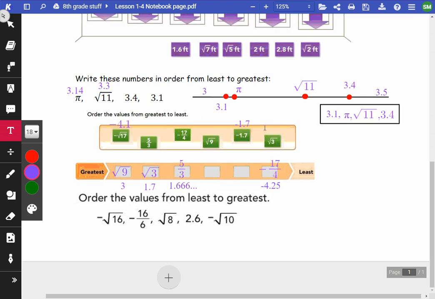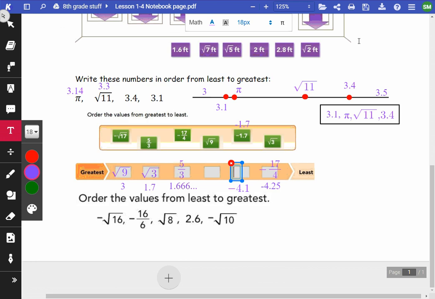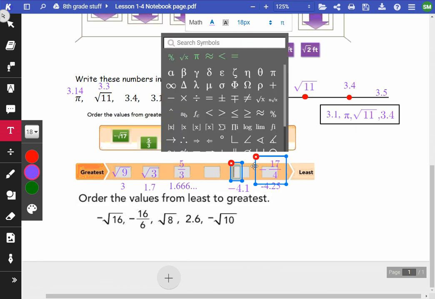Then what's the next most negative? Looks like negative 4.1, which was actually negative square root 17. So here we go. Put my function out here. And first I'm going to type negative and then square root 17. Beautiful.